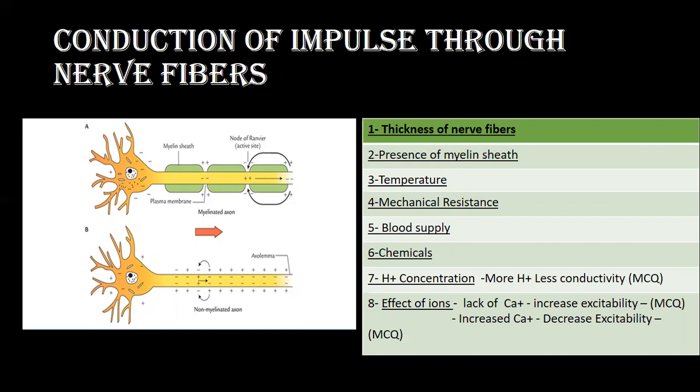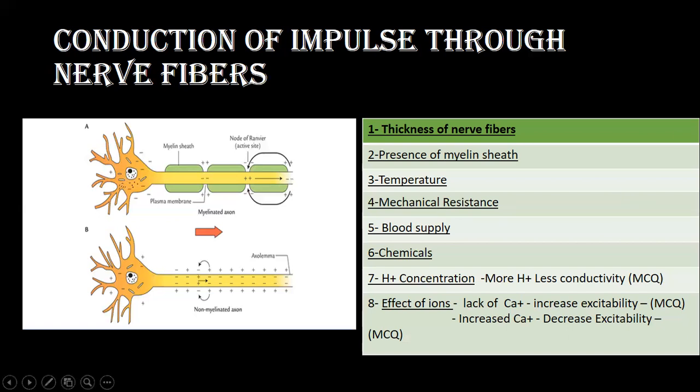So let's quickly discuss the properties of nerve fibers. Basically, nerve fibers are concerned with excitability, conductivity, then it has adaptation, and it has summation property. So basically you need to learn the properties of the nerve fiber, that is excitability and conductivity. That's the only thing you need to remember in this.